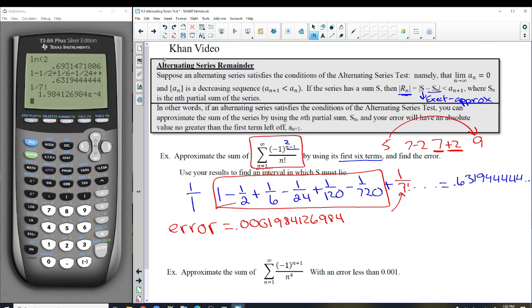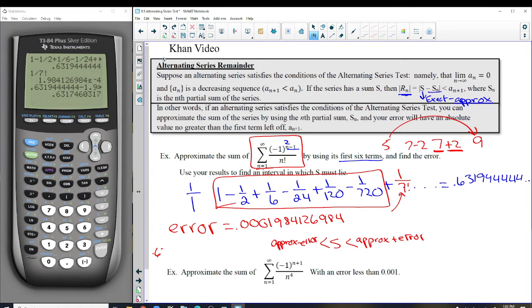We say that the actual sum is between two values. This is the approximation minus the error, and this is the approximation plus the error. And that gives us an interval where the actual value has to lie. So let's take the approximation and subtract the error.